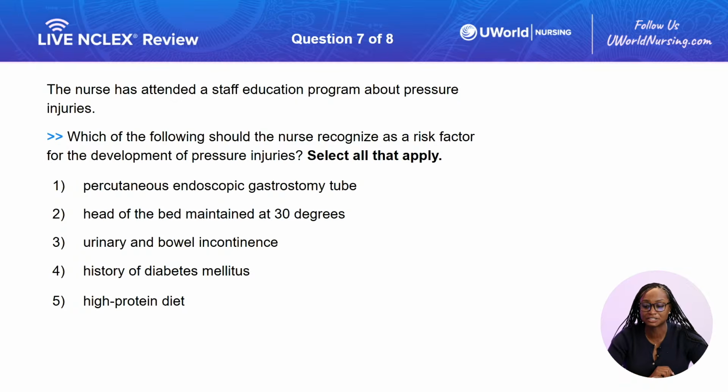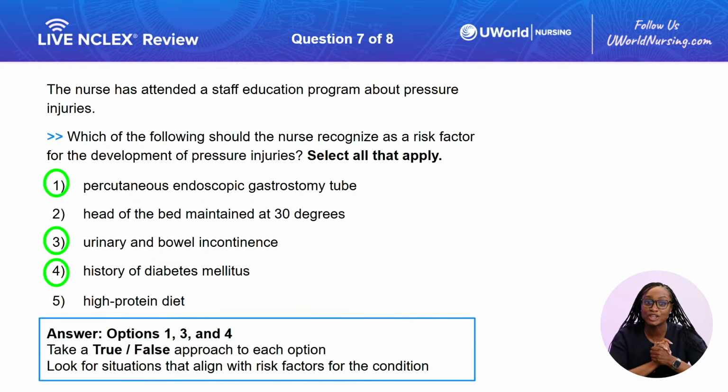So risk factors mean that if this is done, it would increase their chance of developing a pressure injury. Some people are still saying 2s, 3s, and 4s, and 5s. We're looking for risk factors, things that if done, you will get a pressure injury.